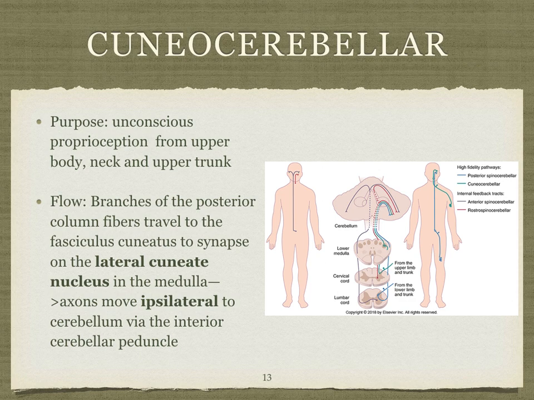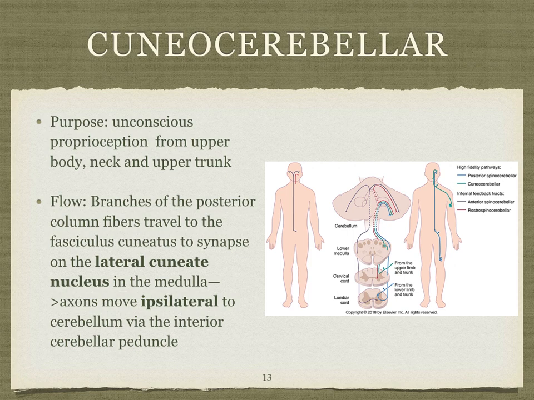We're getting information from our lower motor neurons coming to our medulla. So it comes in through the spinal cord and then ascends right up into the lateral cuneate nucleus where it has a synapse, and then again moves same-sided to our inferior cerebellar peduncle, and then synapses with the next axon in our cerebellum.